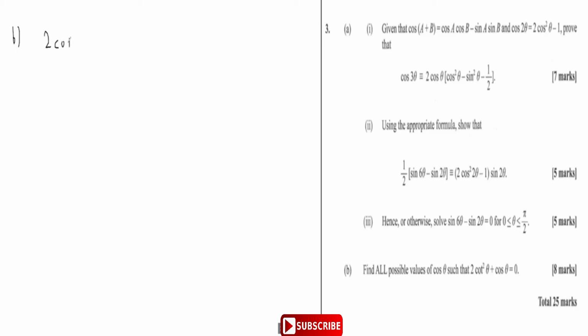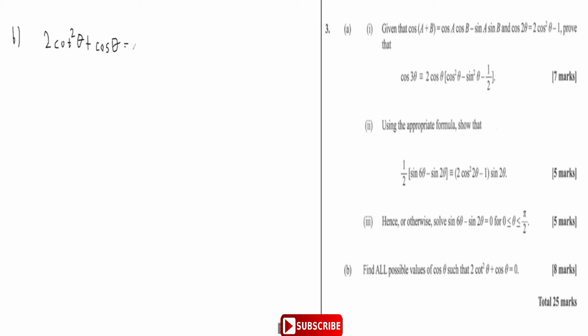So the first thing we have to write down is 2 cot squared theta plus cos theta, and we know that this is equal to 0.